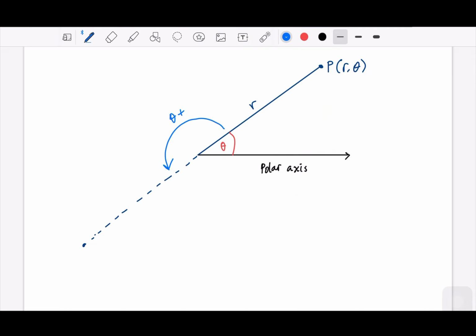Let's say we have this theta plus pi, and this is the origin O. This point here actually symbolizes the negative of r.